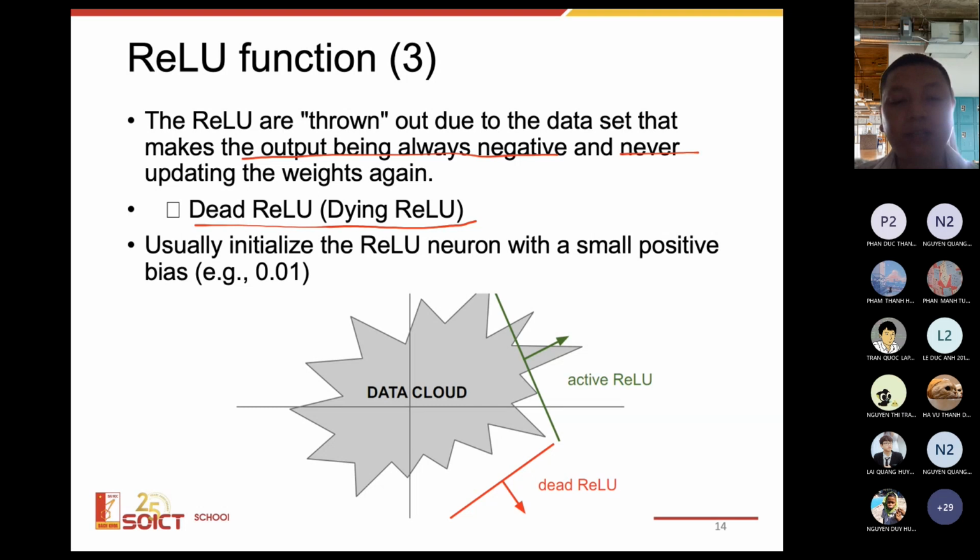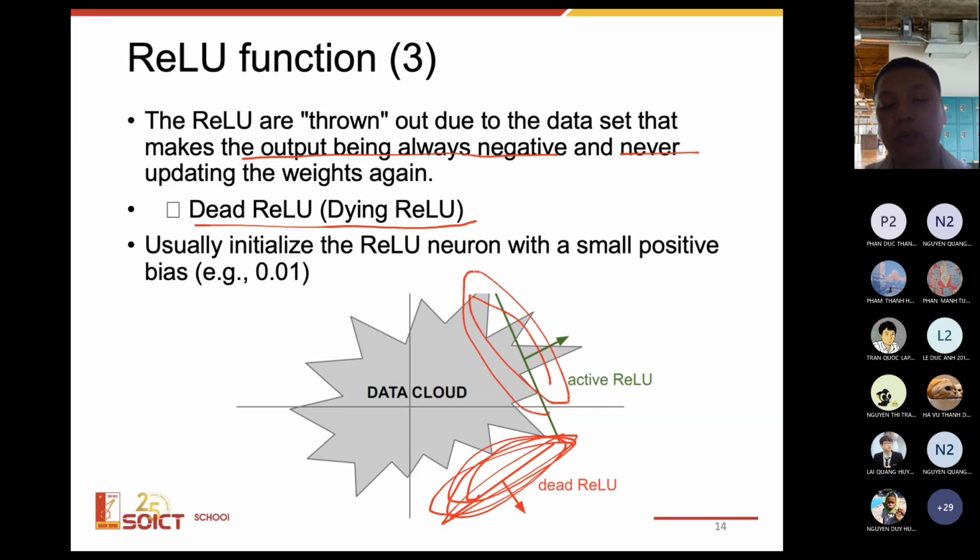So this is a visualization for the data cloud input. For the data cloud samples, you will see that for some inputs that make the ReLU output negative, that unit will never be updated again. But in some part of the samples, you get the active ReLU, right?